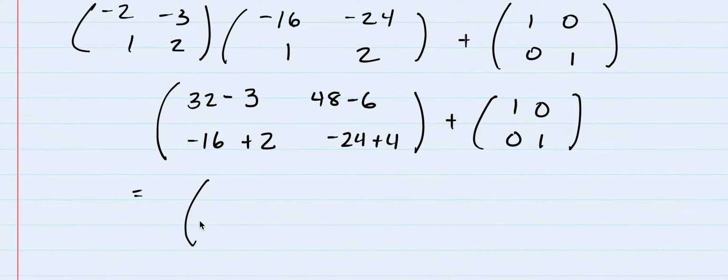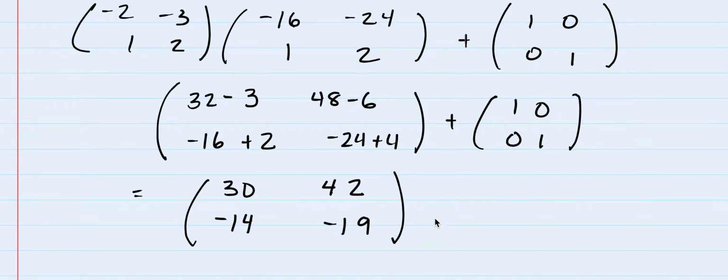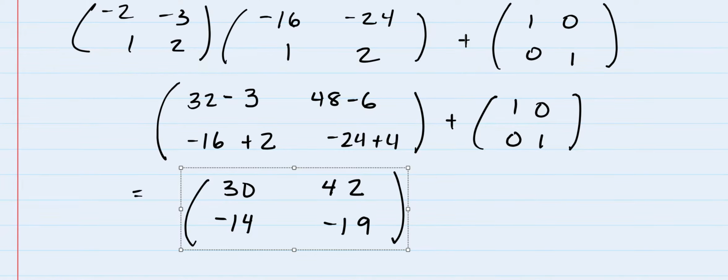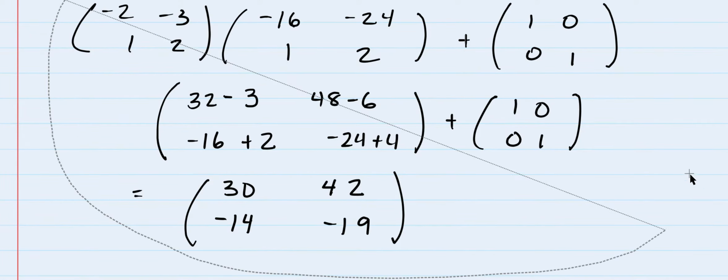So we're left with 30, because this is 29 plus 1. This is 42. This is -14. And then this is -20 plus 1, -19. So this is the solution. Let's copy this, and let's erase all of this stuff.